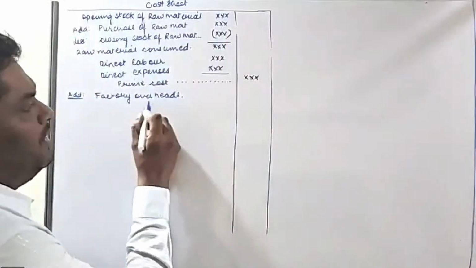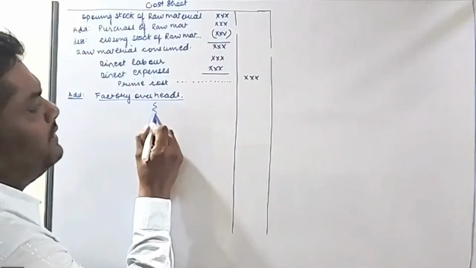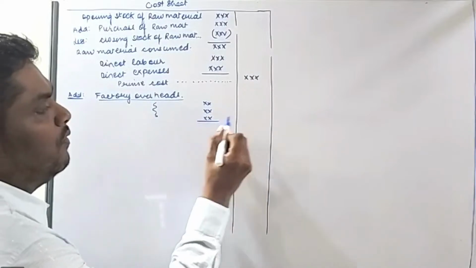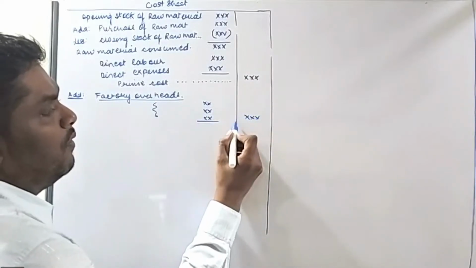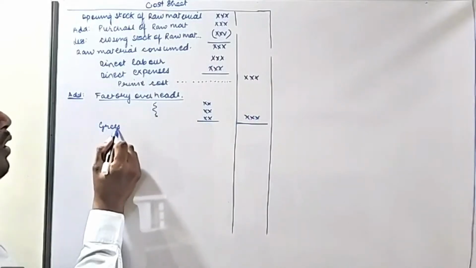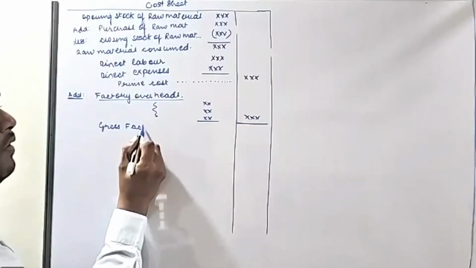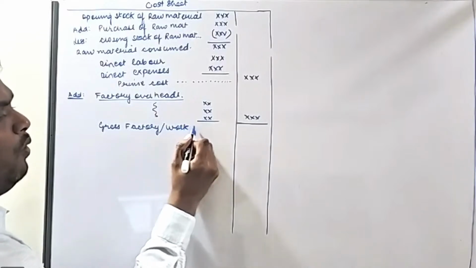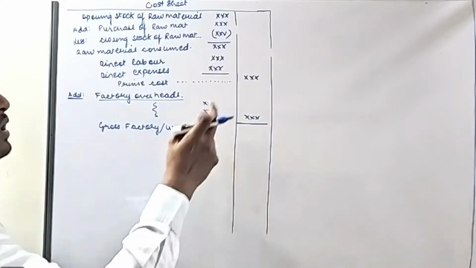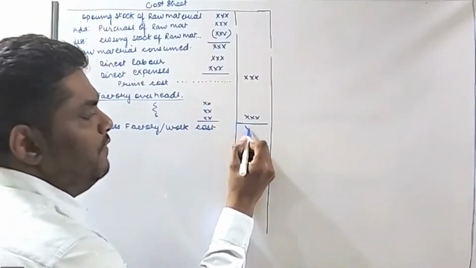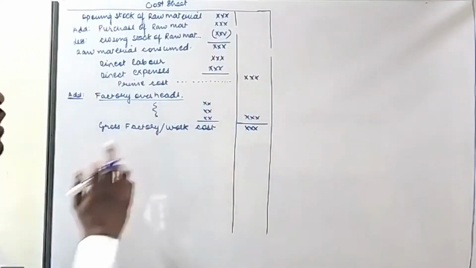If we add all the factory overheads or work overheads, we will get gross factory or work cost.